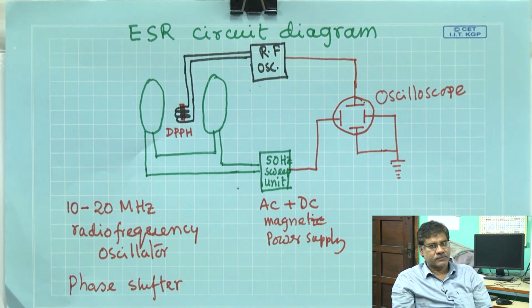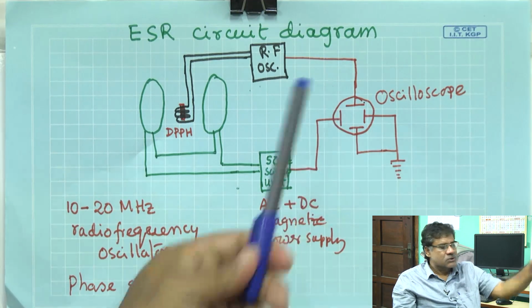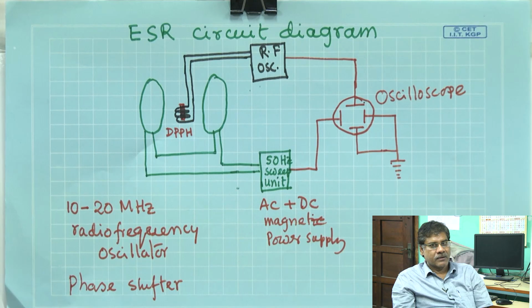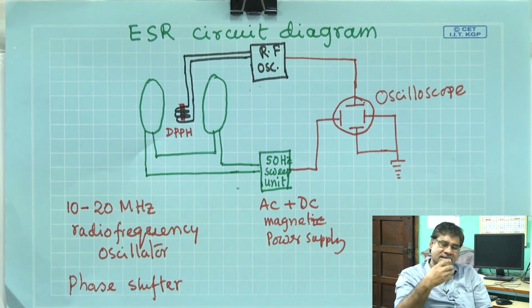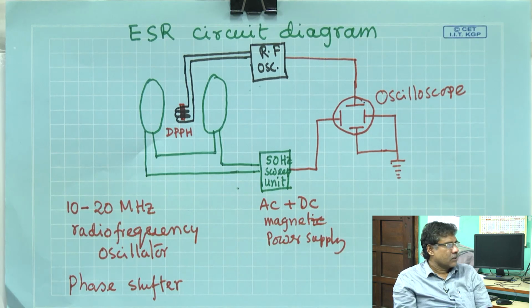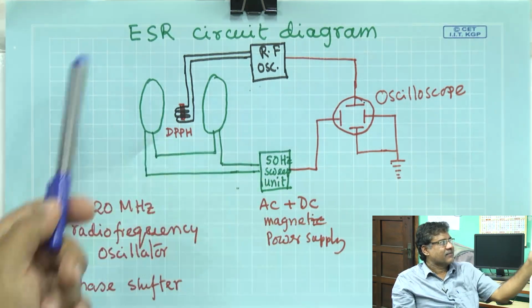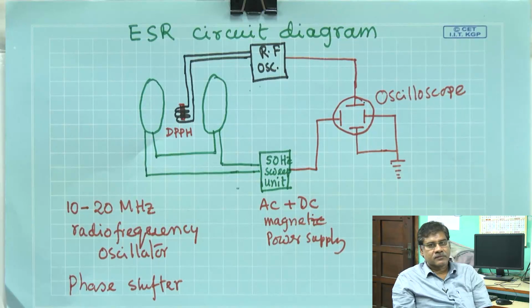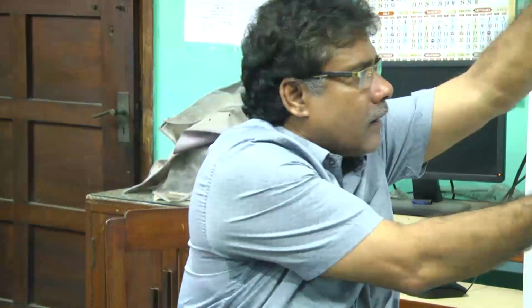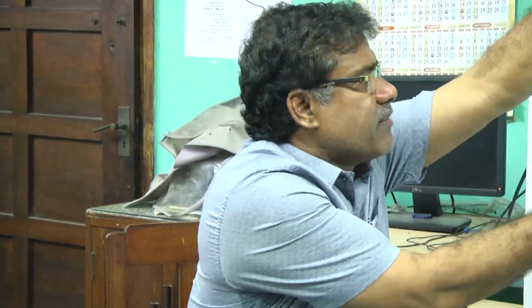So in the oscilloscope this resonance phenomenon will be observed. That is basically the simple ESR circuit diagram, and we will use this diagram in our experiment.